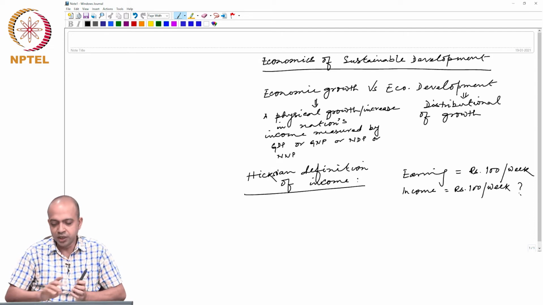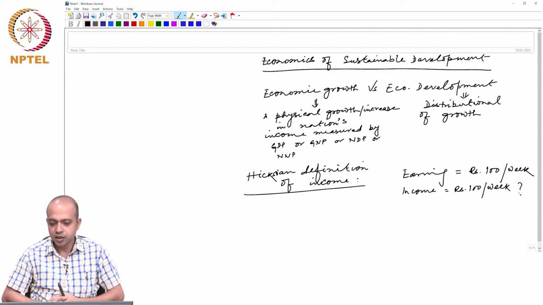While all of us believe, yes, this is the case, if earning is 100 rupees, then income will also be 100 rupees per week, but economists say that this is actually not the case. If earning is 100 rupees, income cannot be 100 rupees, it would be less than that. Why is this so?